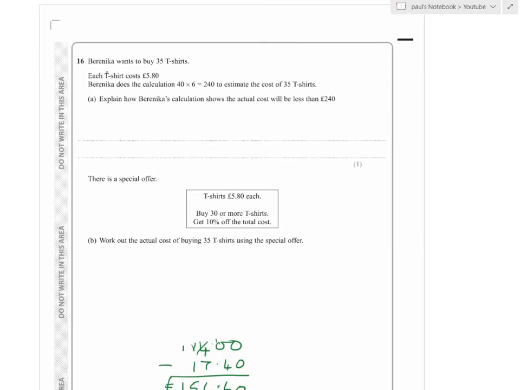Benerica wants to buy some t-shirts. Each t-shirt is £5.80. She does a calculation: 40 times 6 is 240 to estimate. Actual cost is less.